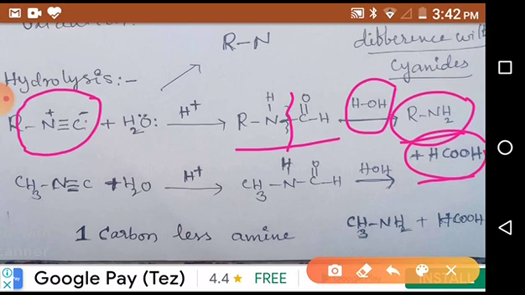But in the case of isocyanides, no ammonia gas evolves. That's why we can differentiate cyanides from isocyanides with the hydrolysis test. So this is hydrolysis. I repeat, isocyanides on reaction with water in presence of acid give primary amines with formic acid.